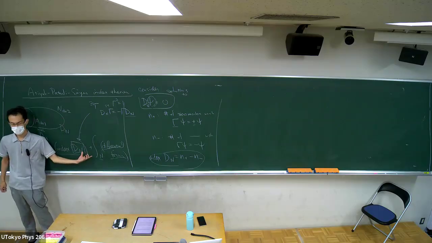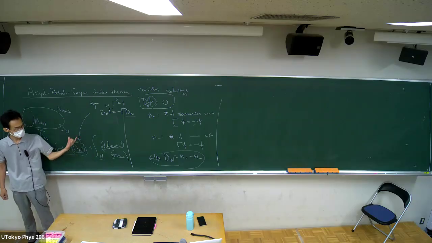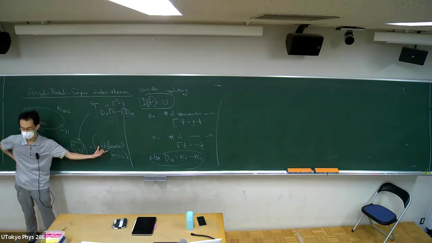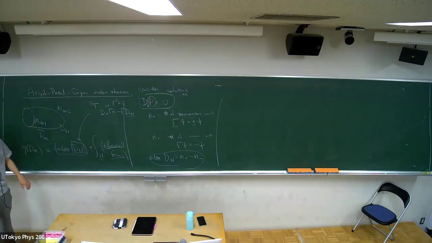And this is the Atiyah-Singer index theorem. You might have heard of the name, which expresses the difference of the zero modes with positive and negative chirality as an integral of some nice characteristic class, a polynomial of a differential form.